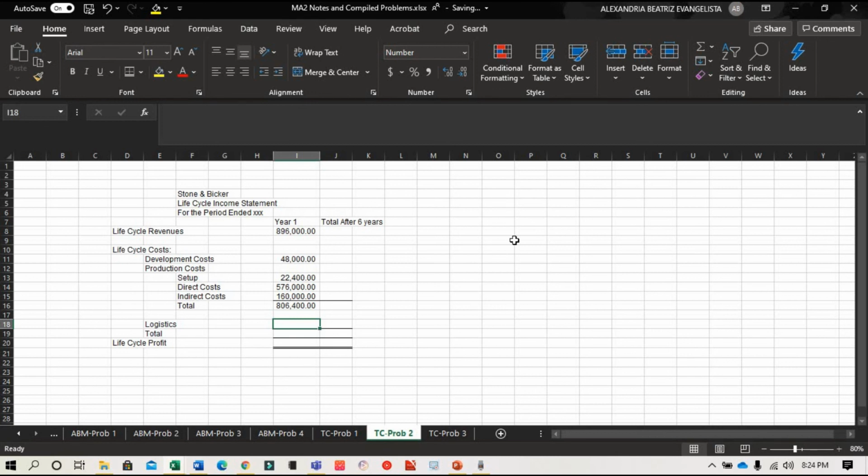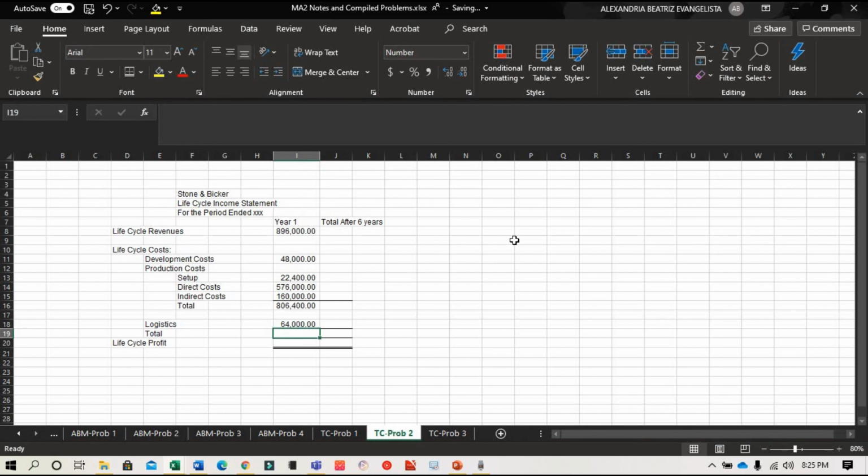And now let's go to logistics. Logistics is related to customer service, and it is stated in the problem that customer service expenses average 16 per unit. So again, we're going to multiply 2,000 by 2 to correspond to a year, multiplied by 16. That would give us 64,000.